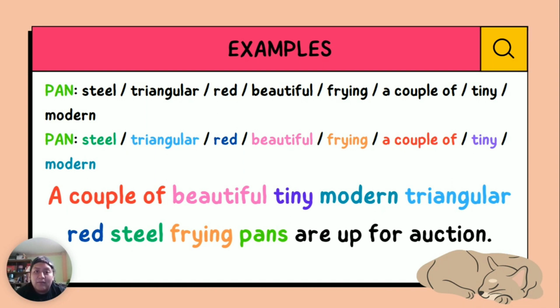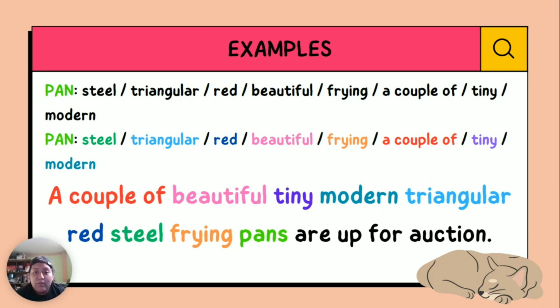In this example, the noun is pen, and the adjectives are steel, triangular, red, beautiful, frying, a couple of, tiny, and modern.